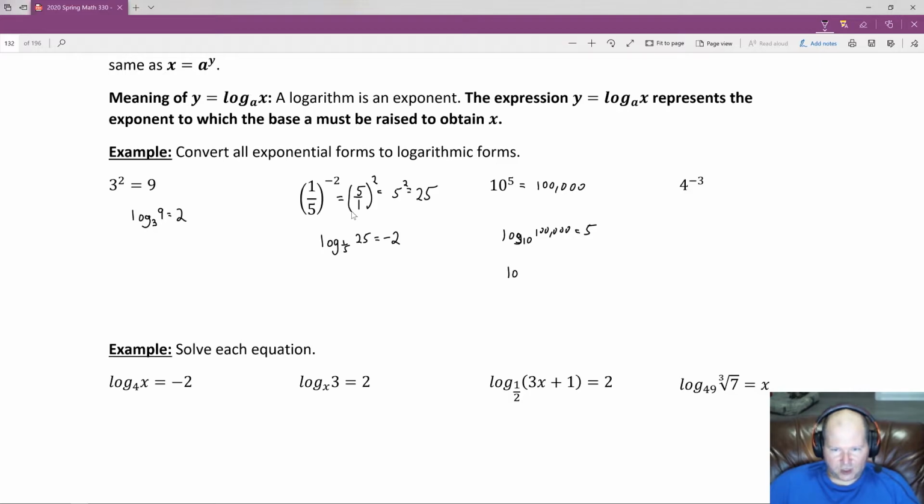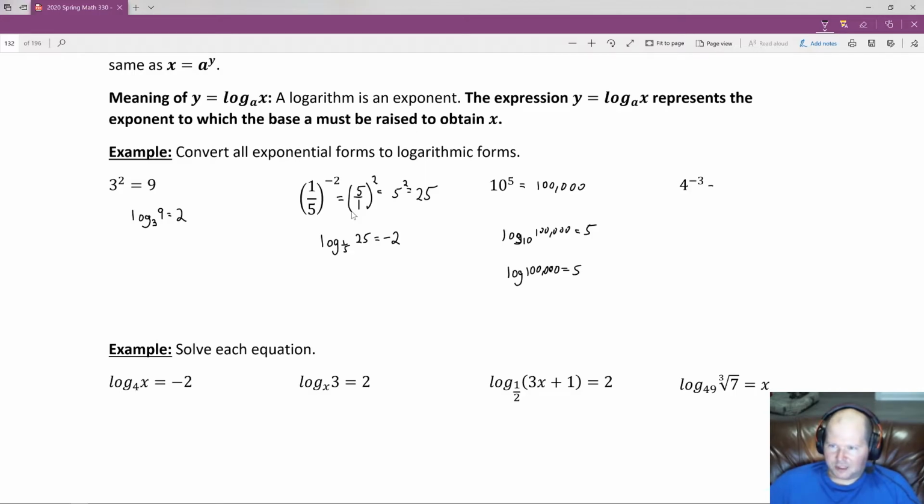So if I just wrote a log here and I didn't write the 10, it would be understood or implied that there's a 10 there. So I could just write log of 100,000 equals 5. That means the same thing. You don't actually have to write the 10 because that's the default. And later on, you're going to learn about the natural log, whose default base is the constant e.